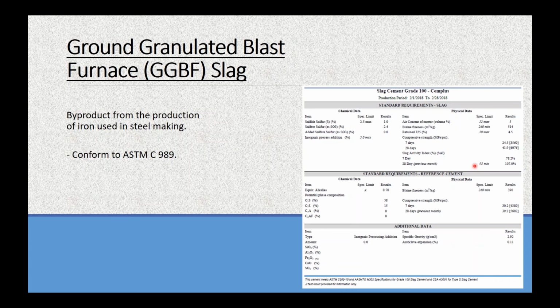Again, this is typical documentation that you would get from a concrete supplier, and again, we're looking for is this ASTM met, and on this one it's down at the bottom here, but you can also see some of the other material breakdown there in the chemical material information.